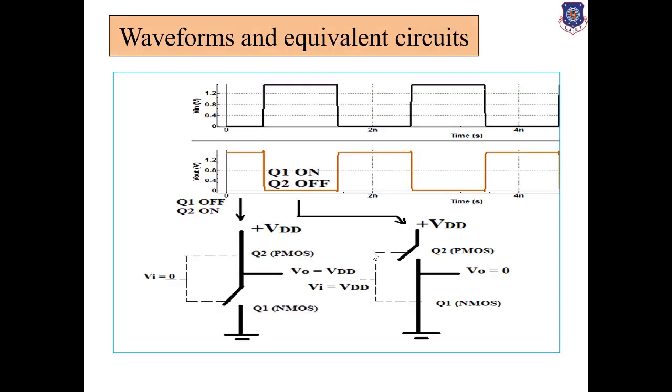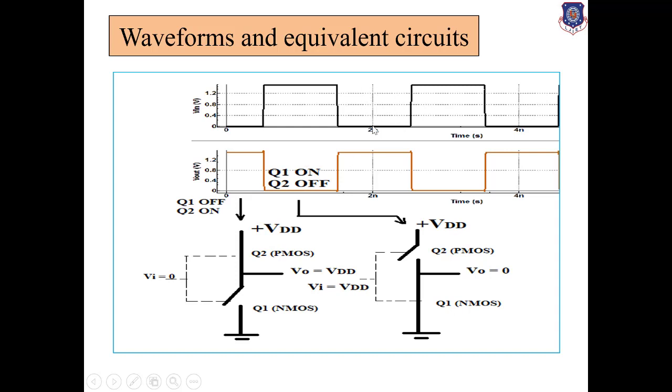So the same operation I have shown here by explaining the waveforms. This is the input waveform 0, 1, 0, 1, low and high in square wave. And this is the output waveform. When input is 0, output is 1. When input is high, then output is 0.